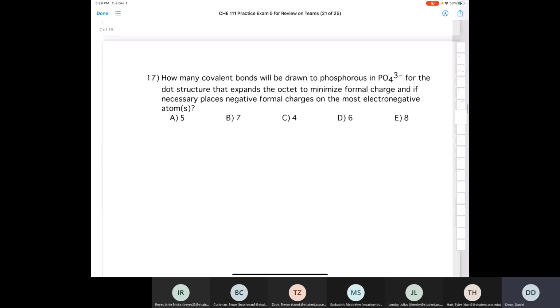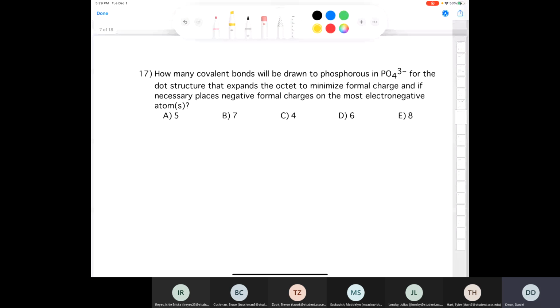Okay, number 17. How many covalent bonds will be drawn to phosphorus in the phosphate ion for the dot structure that expands the octet in order to minimize formal charge, and if necessary, places negative formal charges on the most electronegative atoms? That's just a lot of fancy speak for saying, draw the Lewis structure of the phosphate anion.